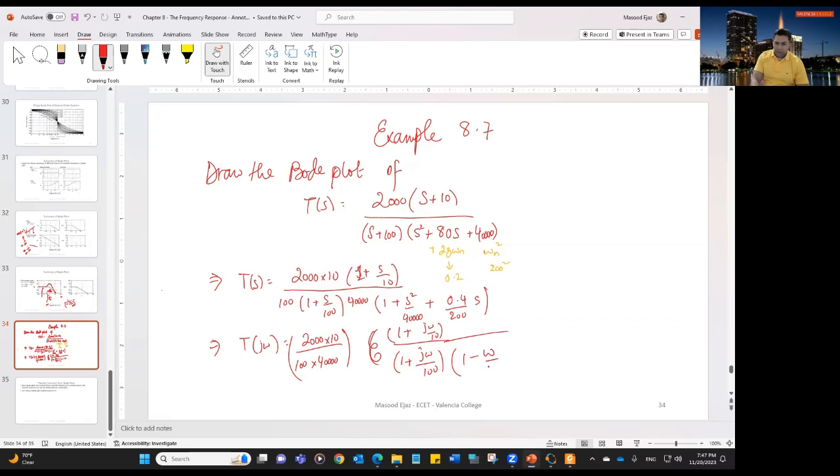So 1 over omega over 200 squared plus j omega 0.4 over 200.